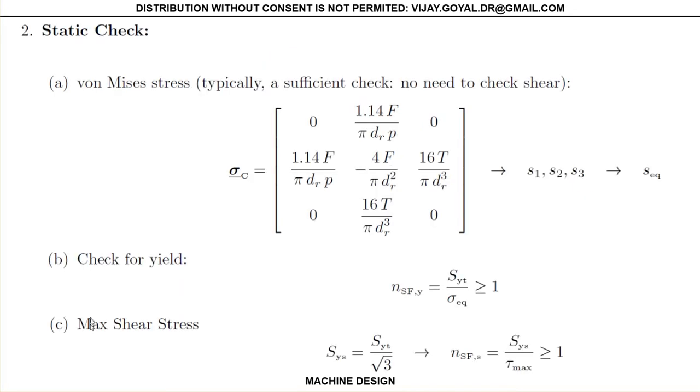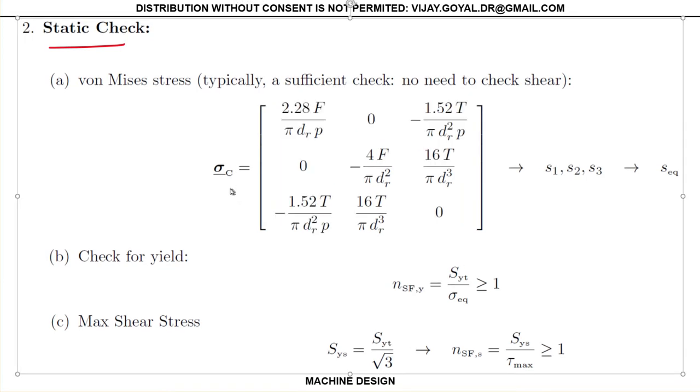Okay, so the second step is the static check. Okay, I just replaced the slide. So this is your point C, as you can see, that's the point that we want to evaluate. It's always point C that's going to be the most critical.